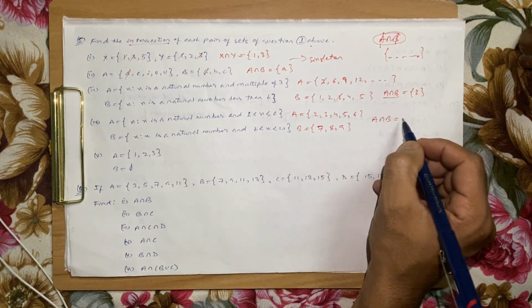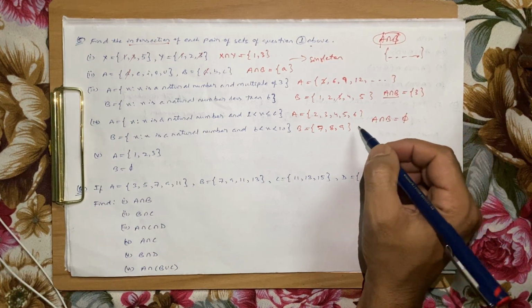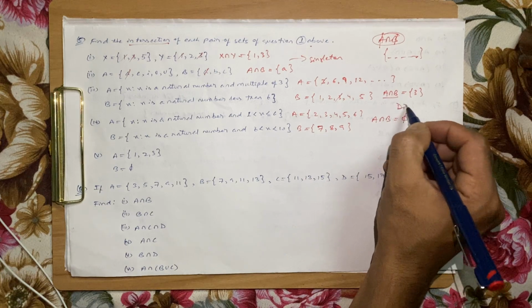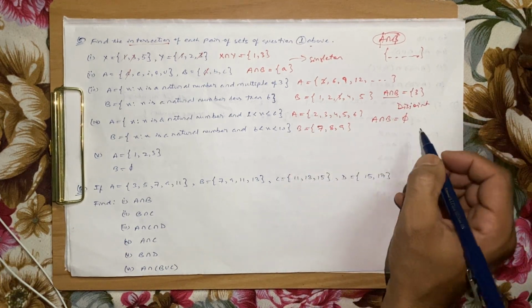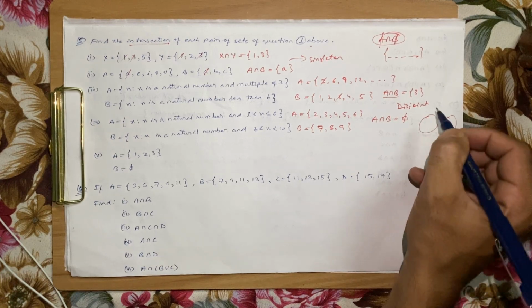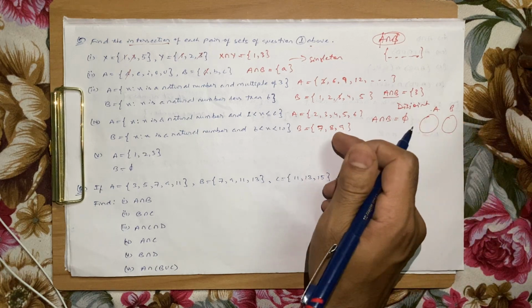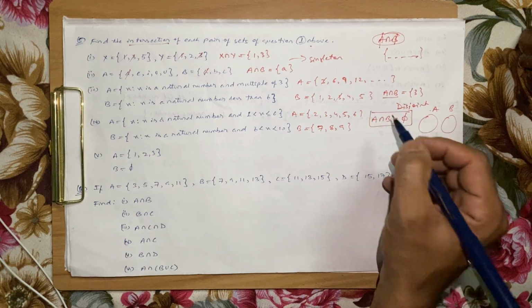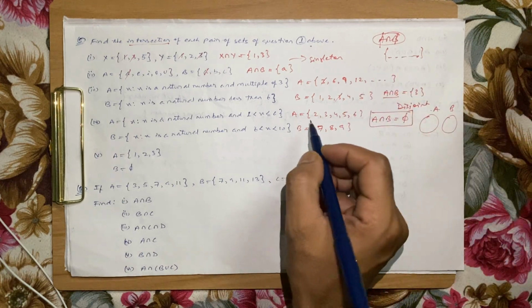So there is no common element between these two. So this is a kind of disjoint sets that we have learned in the lecture video. Disjoint means both the sets cannot be joined. If you draw the Venn diagram, then these two circles will not touch each other because they have no common element. So that's why A intersection B is phi, means a null set. There is no such element that is common between these two sets.